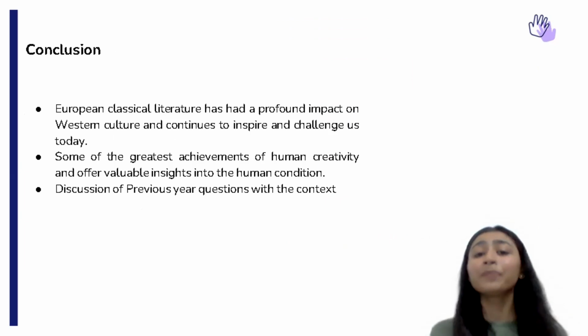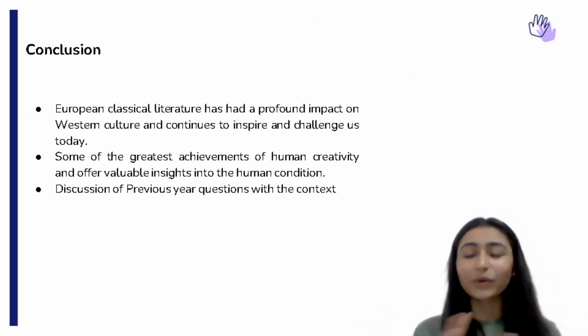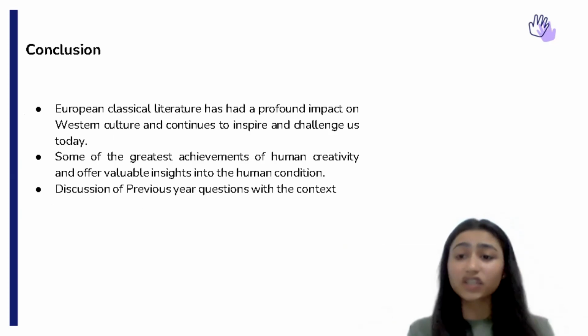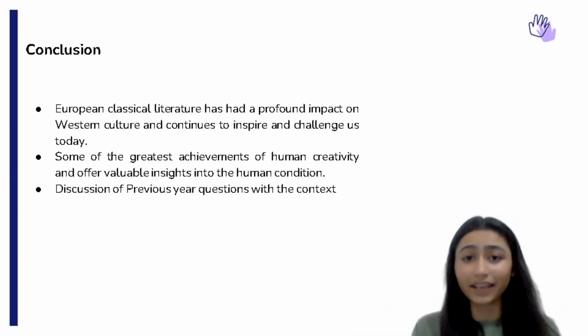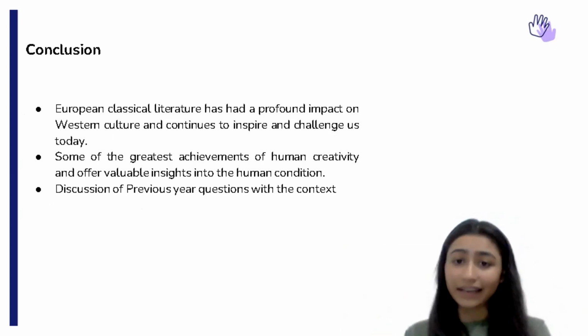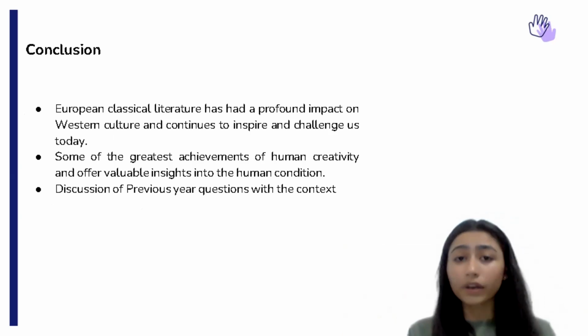When we study all this, we are going to have a core understanding, and we'll take a journey through the influential works of European classical literature, for example the Iliad and Pot of Gold. Then we'll gain insights into the cultural, historical, physical, and psychological aspects.